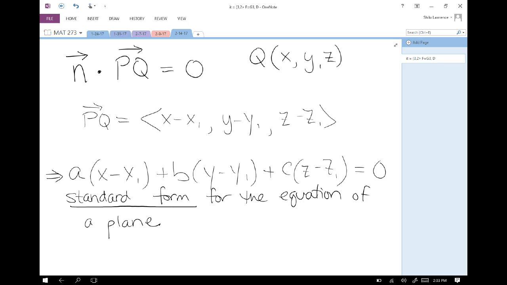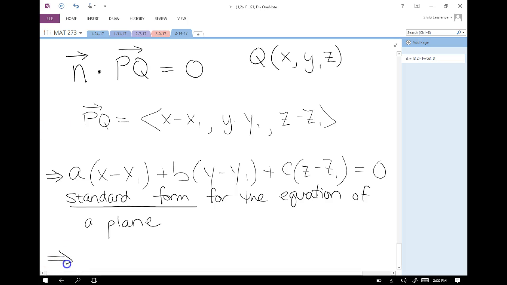So we see those direction numbers, A, B, and C from the normal vector, and we see the coordinates x1, y1, z1 from the point. But if we want to, there's a little bit of algebra we can do. We can distribute the A, the B, the C, and that will give us some like terms to combine.